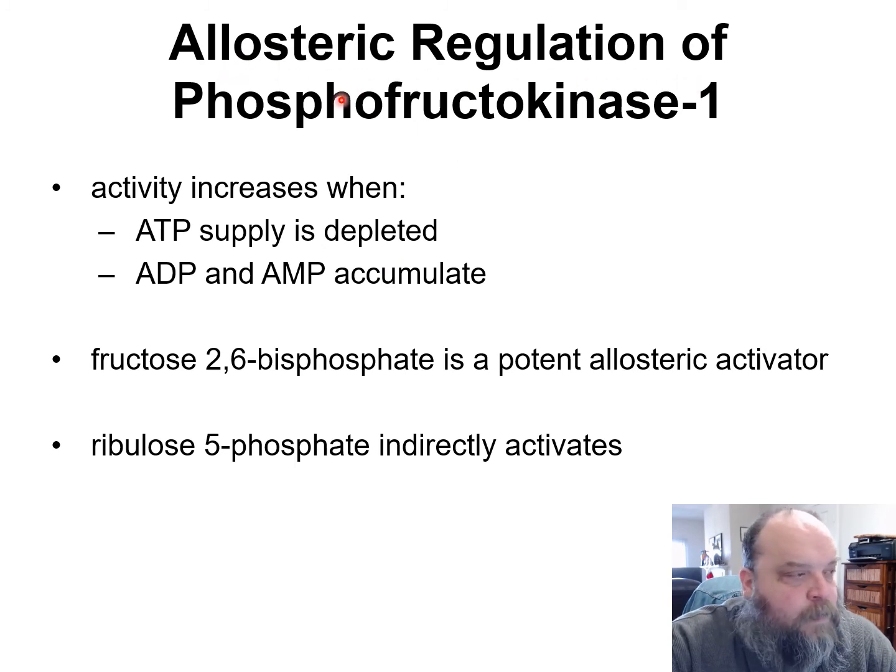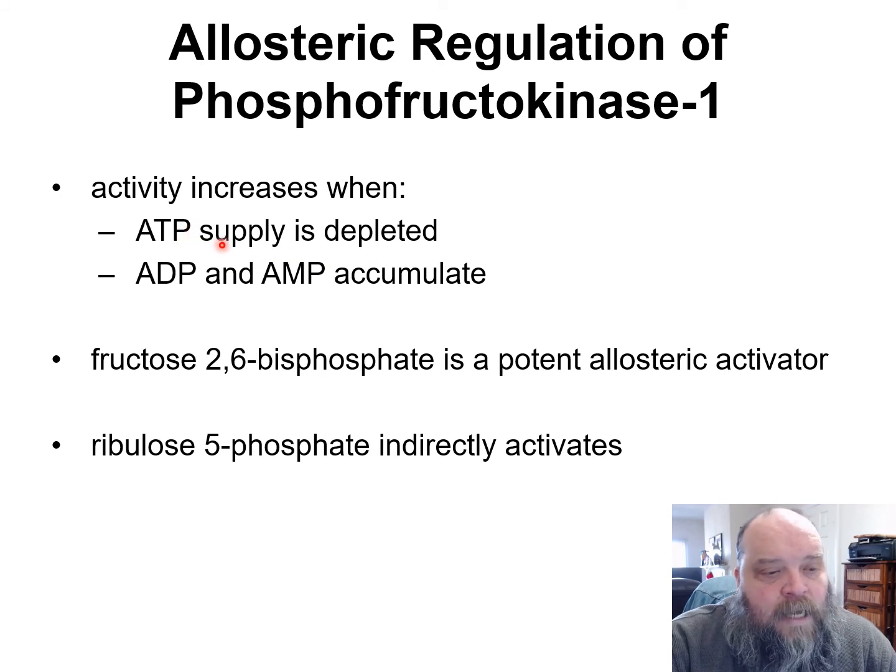That whole phosphofructokinase 1, the addition of that second phosphate group, this is regulated. We don't want this just to happen whenever. It only happens under certain conditions when needed. What are those conditions? Well, one of them is when ATP is going down. When ATP supply is being depleted, we need to push through glycolysis and oxidative phosphorylation to get some more ATP back.